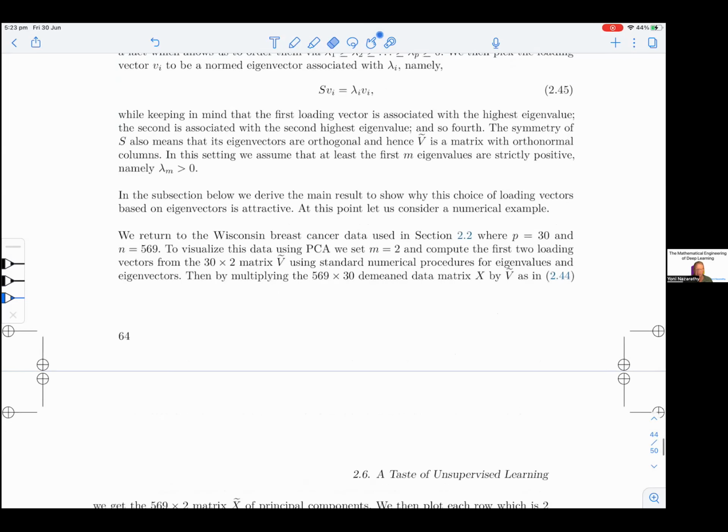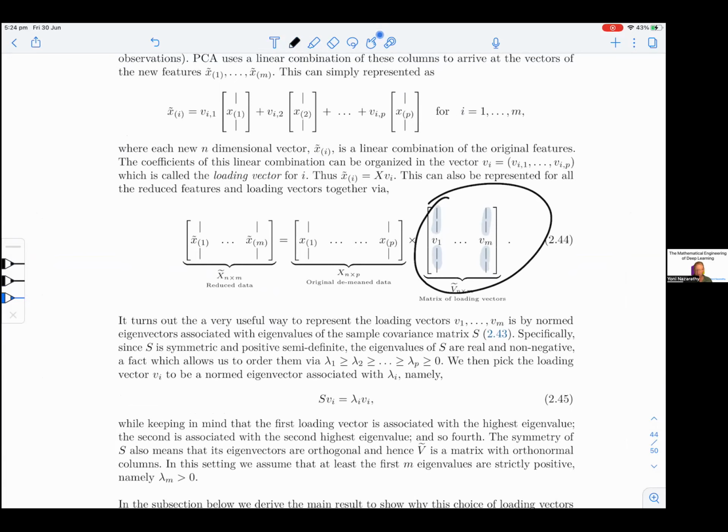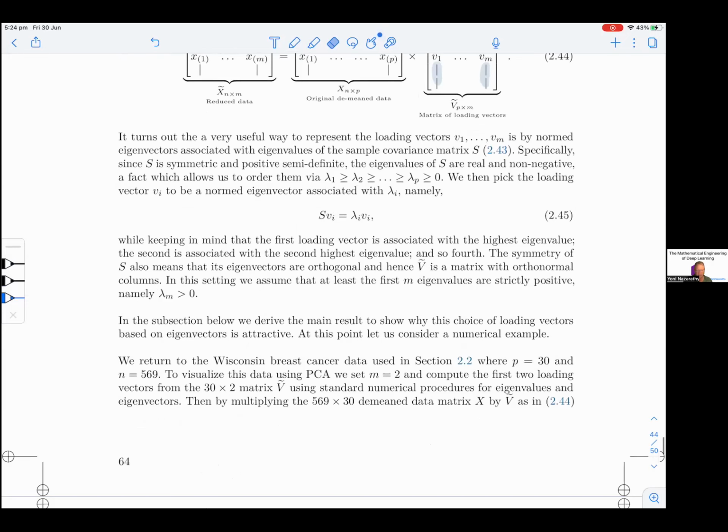In the subsection below, we derive the main result to show why this choice of loading vectors based on eigenvectors is attractive. At this point, let's consider a numerical example. Up to this point, we simply specified that the way we choose these loading vectors is to take them as normalized eigenvectors. This will be the way that we project the original demeaned data onto the reduced data. The next section will show why.